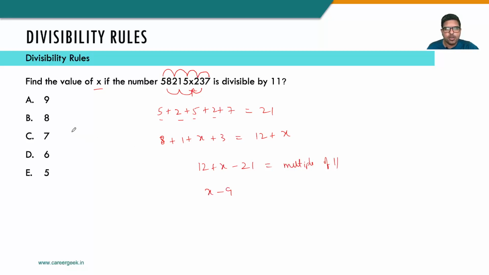So let us put in all the options. x minus 9, when x is 9, is 0. Yes, this is the correct answer. We'll check the others. When x is 8, we get negative 1. No. C, 7 minus 9, negative 2. No. D, 6 minus 9, negative 3. No. E is also no. So A is the correct answer.